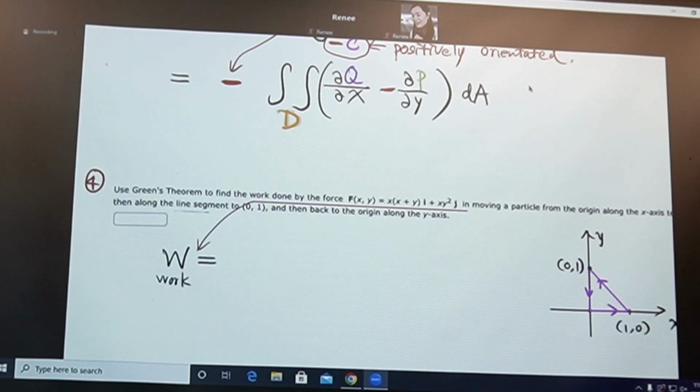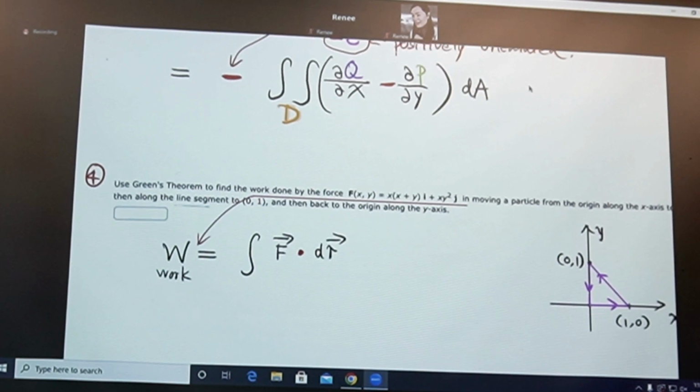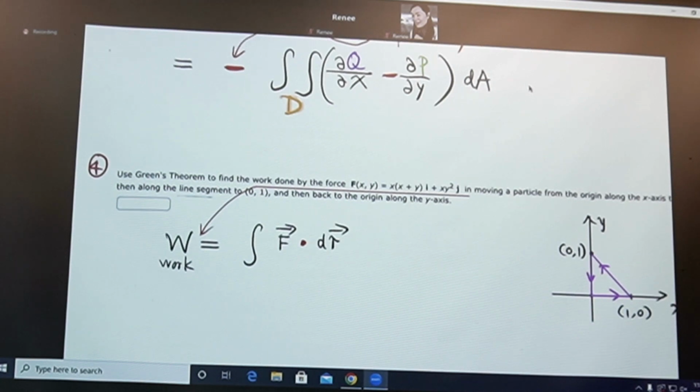It is the integral of the force dotted with dr, over the curve C. Wow, you guys learned a lot. You've been very good at it. So that's how we talk about the work done by the force along the curve: the integral of this dot product.